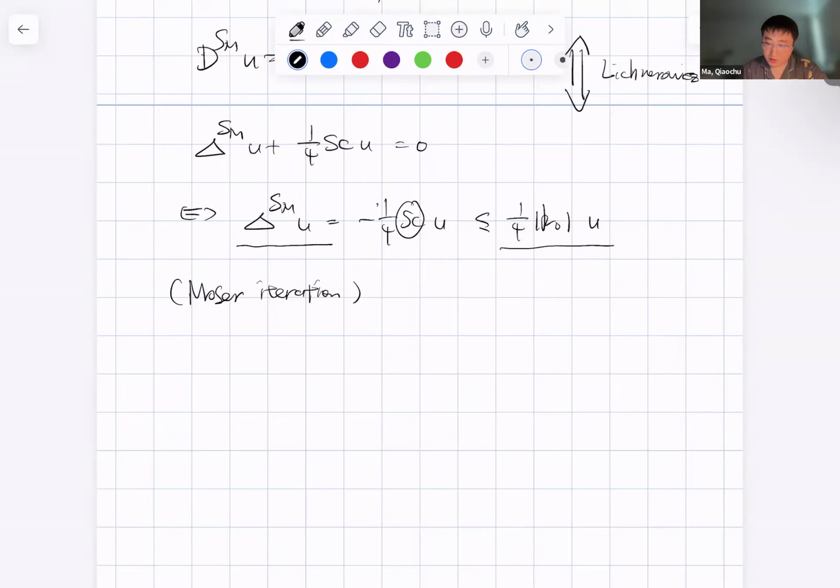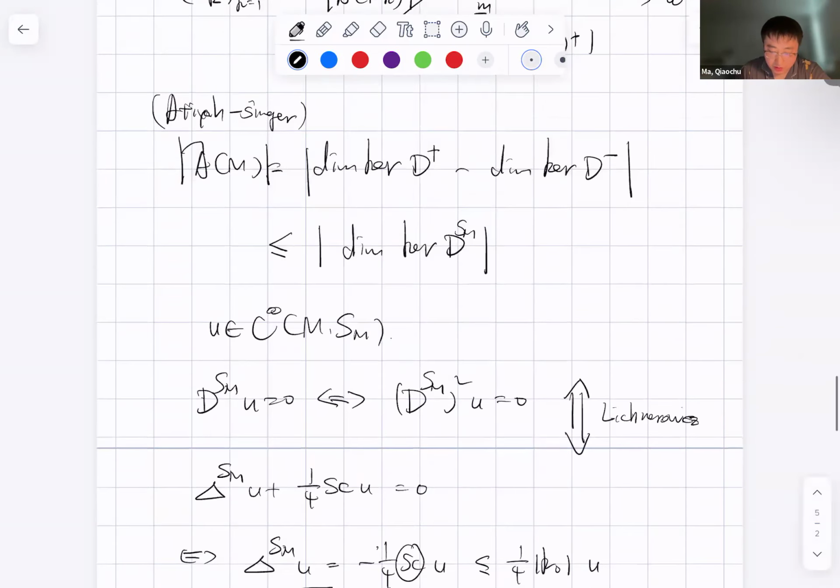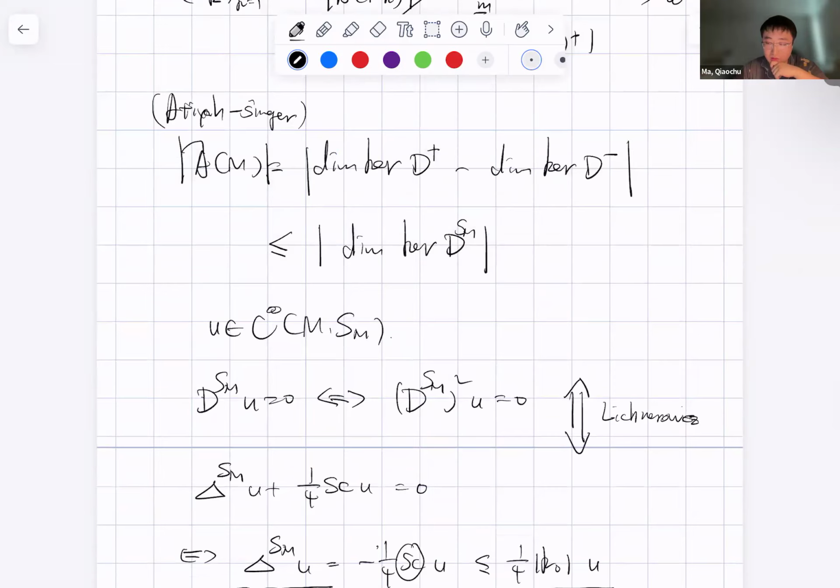Using Moser iteration, we can finally control the L infinity norm of u, and finally compute the dimension of the kernel.